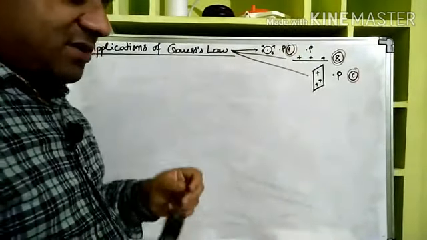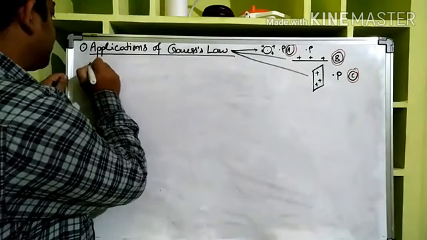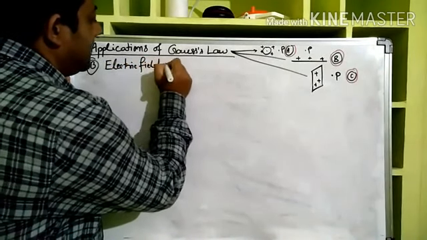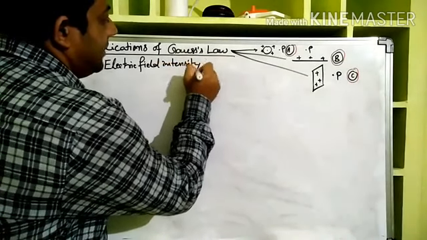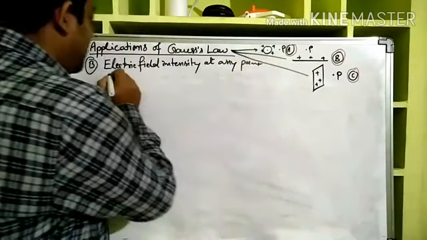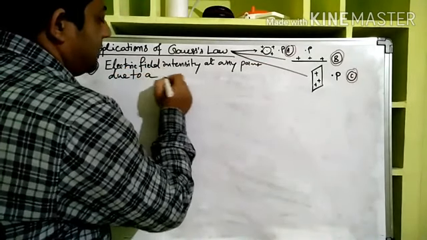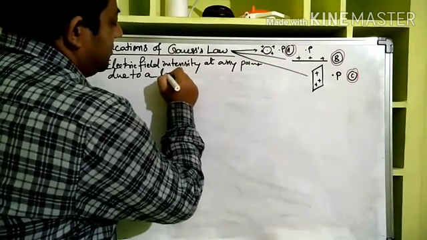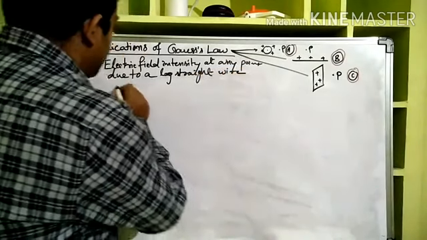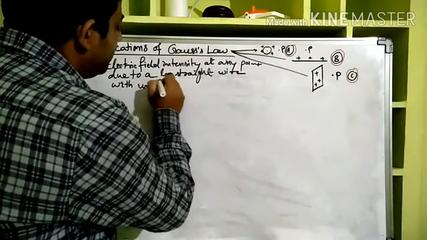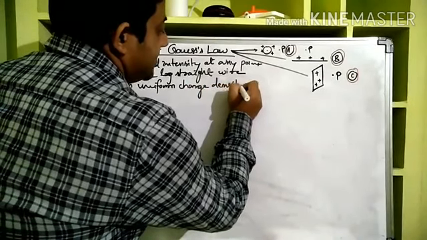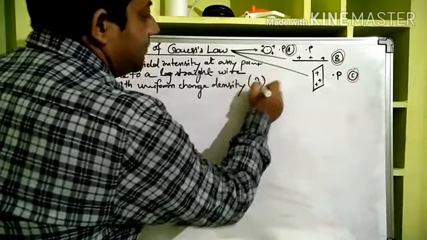Application A. Second application: the electric field intensity at any point due to a long straight wire with uniform charge density lambda.